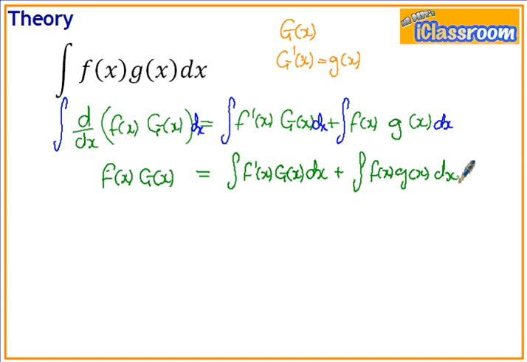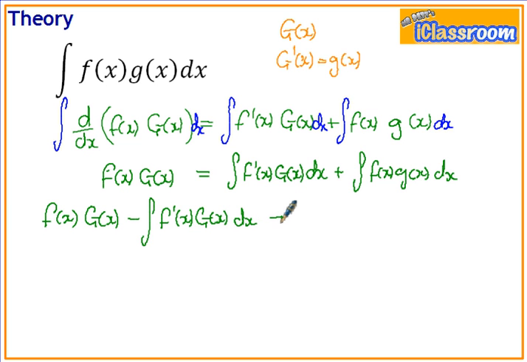So let's rearrange this to give me f of x G of x minus the integral of f prime of x G of x dx, which will be equal to the integral of f of x times g of x.